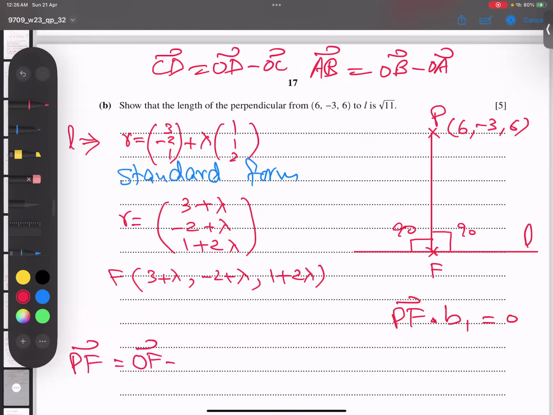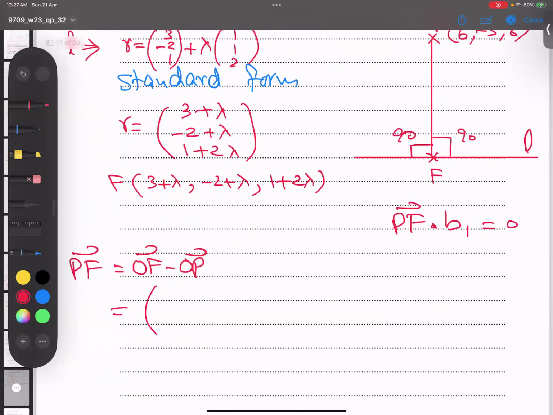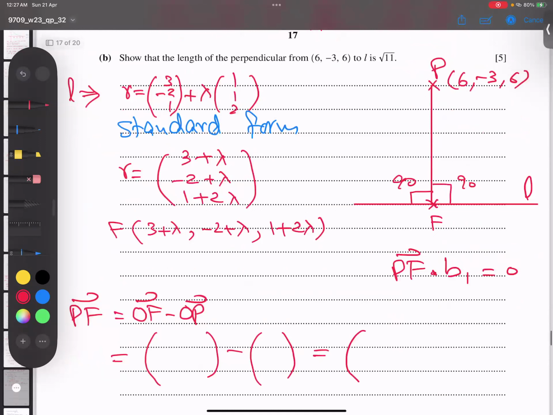OF minus OP. If I just introduce O, it will come in this format. Without O, we have a coordinate system, so this is a conversion of coordinates into vector form. Anyway, OF minus OP equals the answer.